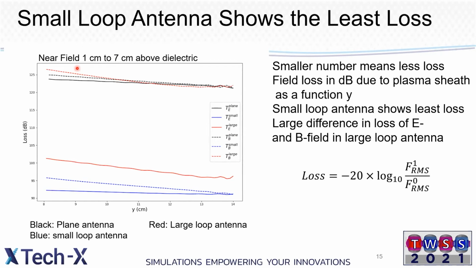So we are in fact seeing an improvement with the loop antenna. Now, don't get me wrong, this is still 95 dB. So this is still a lot of loss. I'm not pretending to say that we're transmitting the signal, but there's less of a loss.